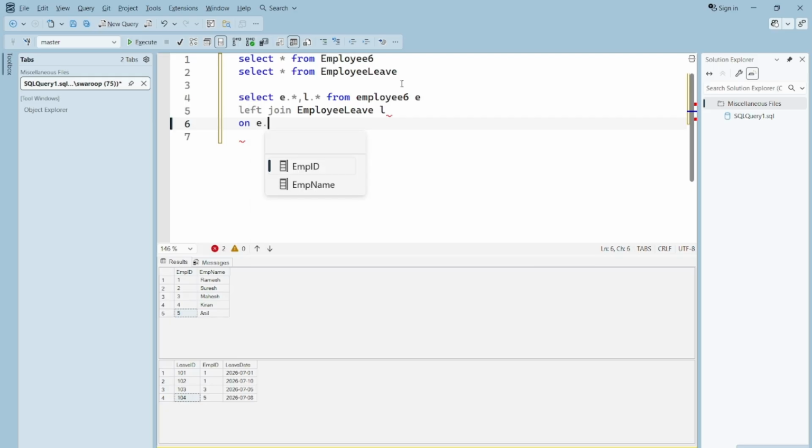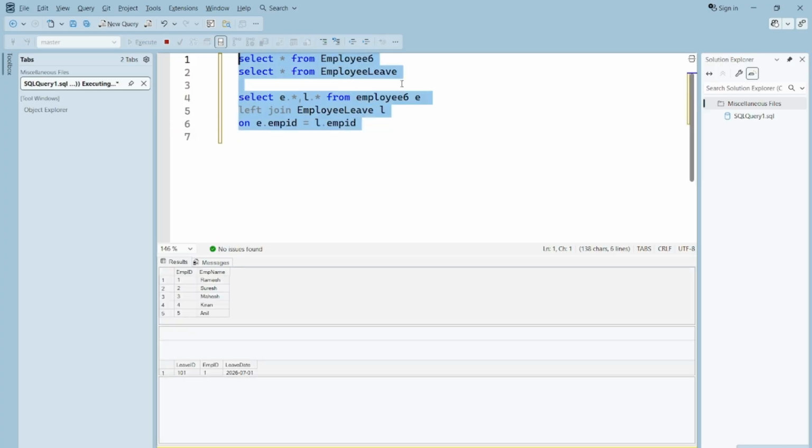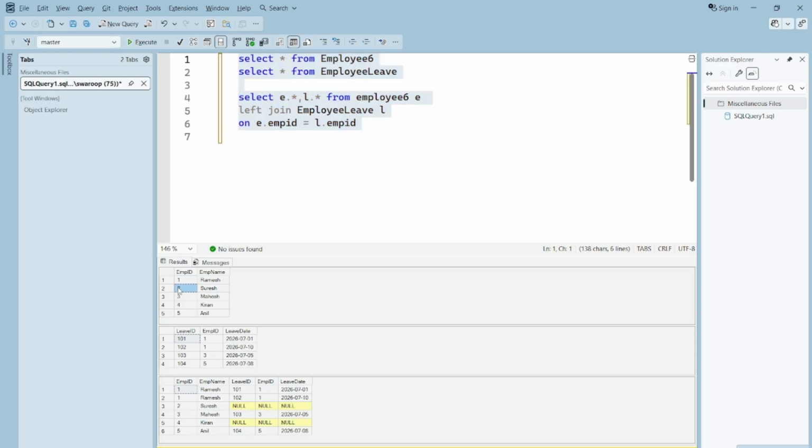E dot EMP ID is equal to L dot EMP ID, where we have the common record, right? Fine. Now let's run the query. In the employee details we have 5 records, and in the leave table we have 4 records, but the employees are 3 only: 1, 3, 5. For 2 and 4 the data is not available, so it gives null because it's missing data in the right hand table.